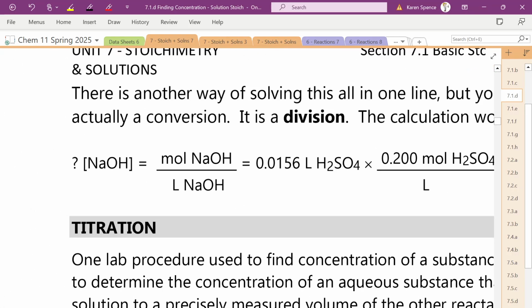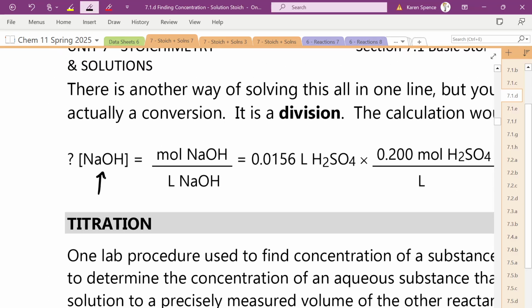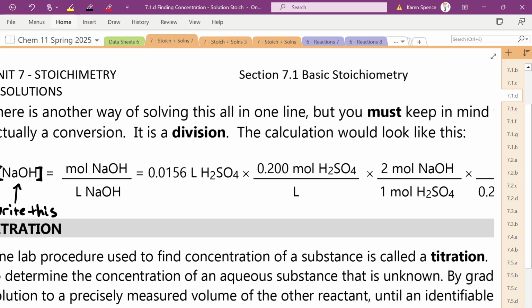You can do this all in one line. You can say, I don't know what the concentration of NaOH is. Write this. Write the NaOH in square brackets. Please do this. It's the moles of NaOH over the liters of NaOH. You can do all of that conversion where you have your liters, where you find your moles of H2SO4.